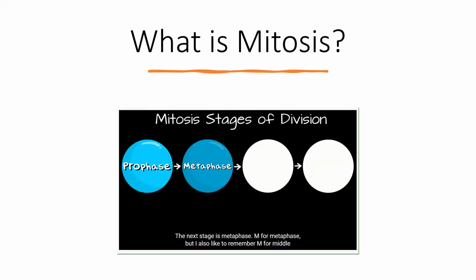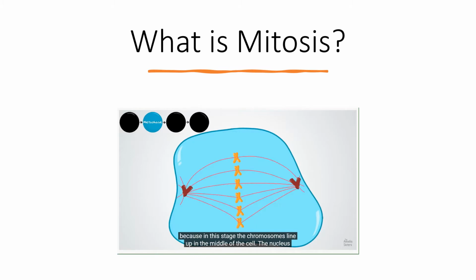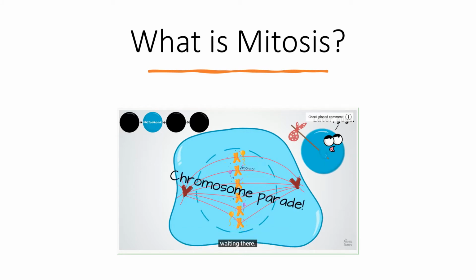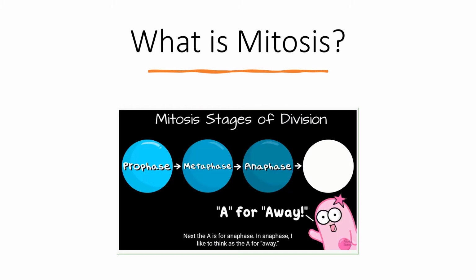The next stage is metaphase. M for metaphase, but I also like to remember M for middle because in this stage, the chromosomes line up in the middle of the cell. The nucleus has been disassembled, it's no longer there, so we've got the chromosomes in the middle waiting there. Next, the A is for anaphase. In anaphase, I like to think of the A for away.